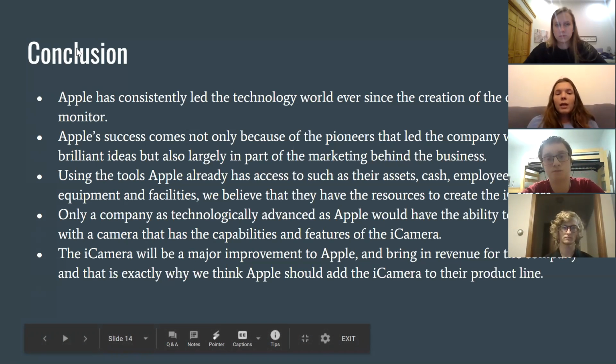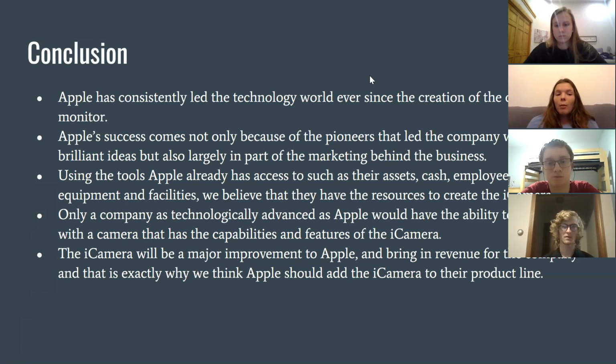Only a company as technologically advanced as Apple would have the ability to come up with a camera that has the capabilities and features of the iCamera. We think the iCamera would be a major improvement to Apple because it is something that would be able to increase their revenue.